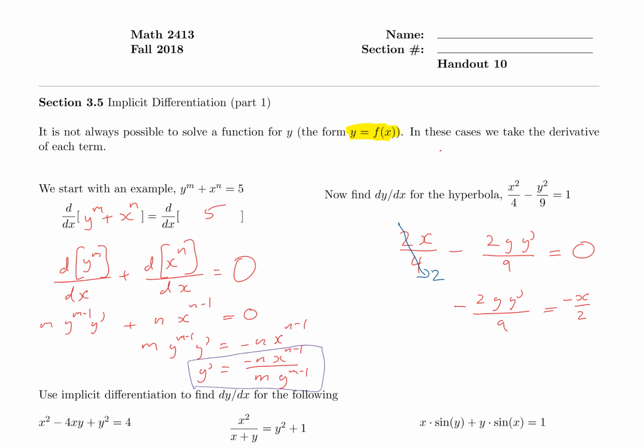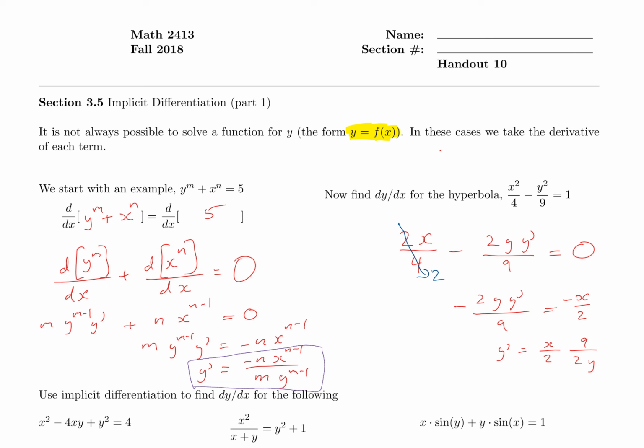Now we simply multiply through by the inverse of this guy. So this is going to end up looking like this: x over 2, and then we have 9 over 2y.